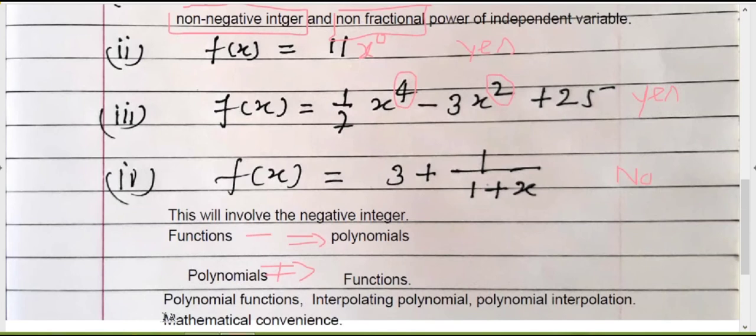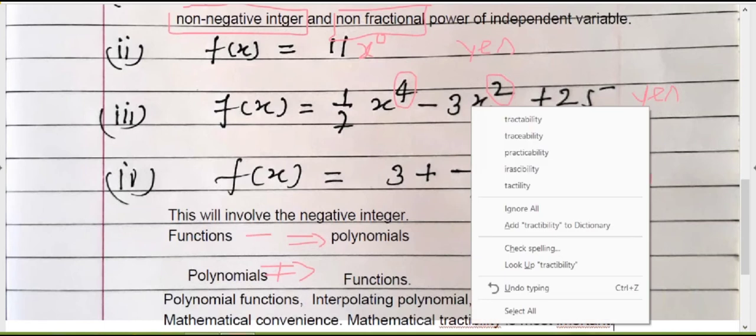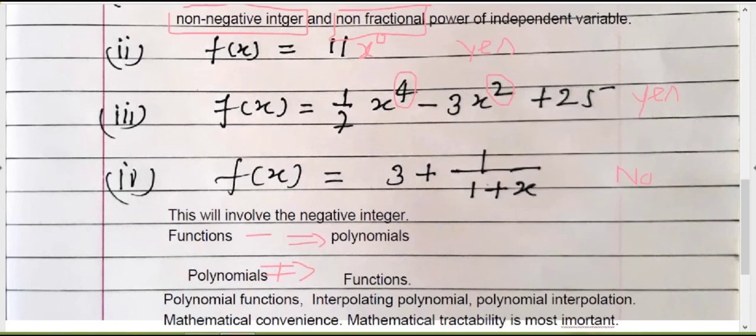Why do we get the mathematical convenience? Because mathematical tractability is most important.